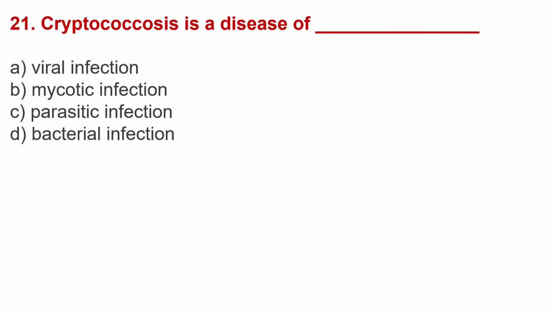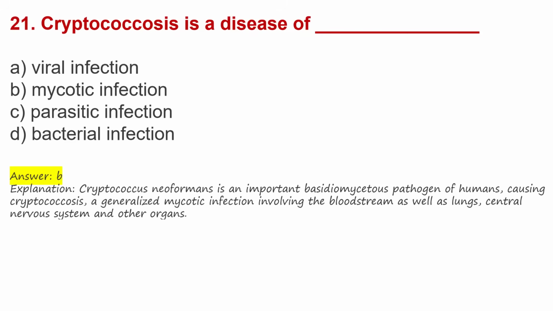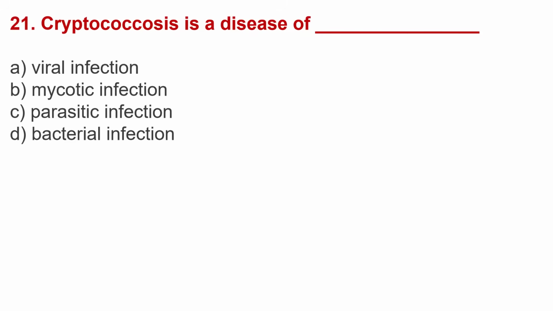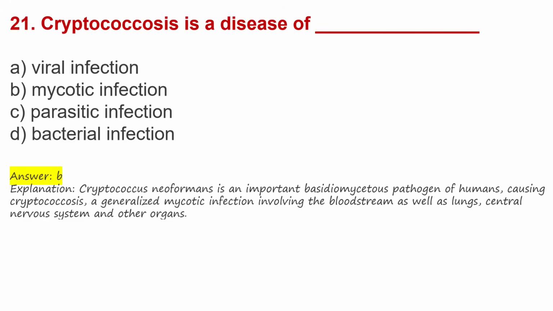Question 21. Cryptococcosis is a disease of: A, viral infection; B, mycotic infection; C, parasitic infection; D, bacterial infection. The answer is B. It is a disease caused by fungi, so it is called a mycotic infection.